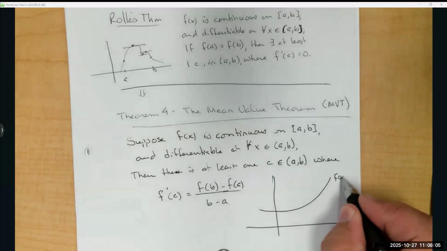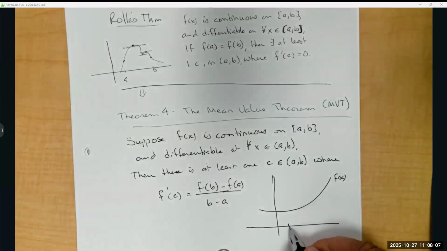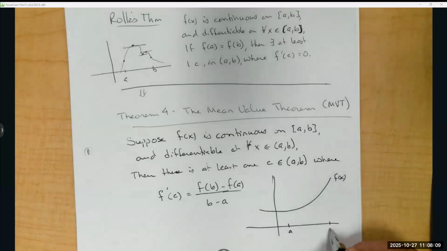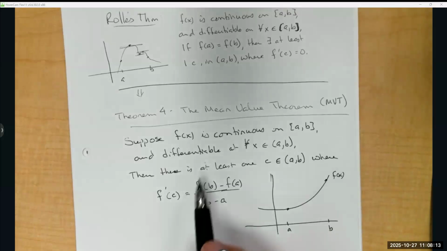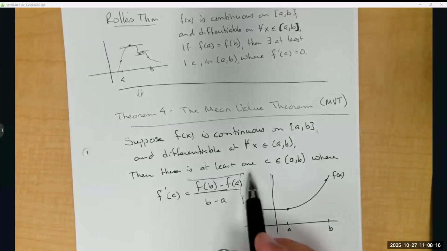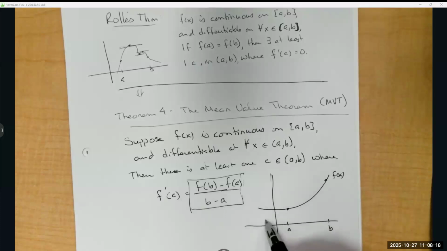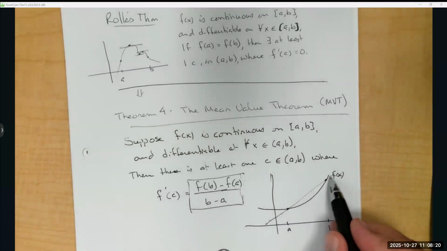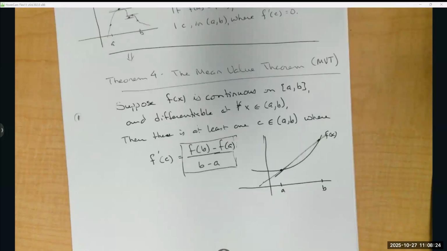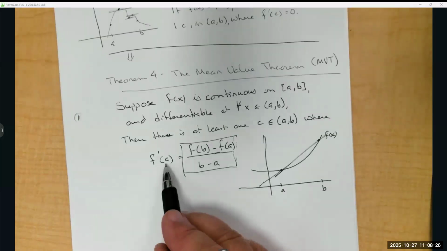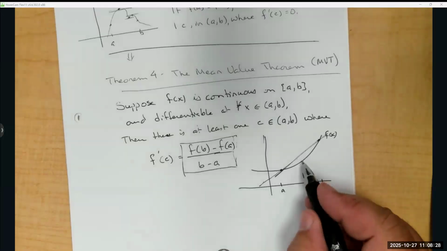Here's our function f of x. Here's a. Here's b. So what this tells us is the slope of the secant line. The slope of that line connecting 2 points in that function is equal to the slope at some other point.